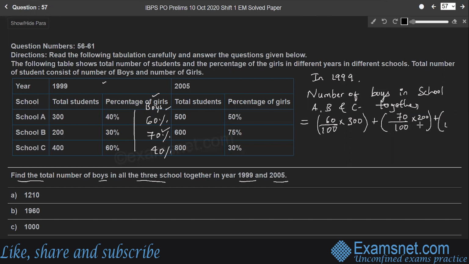Plus in school C, out of 100, 40 is the number of boys, therefore out of 400. So the total number of boys in 1999 is 60 into 3, 180, plus 70 into 2, 140, plus 40 into 4, 160.